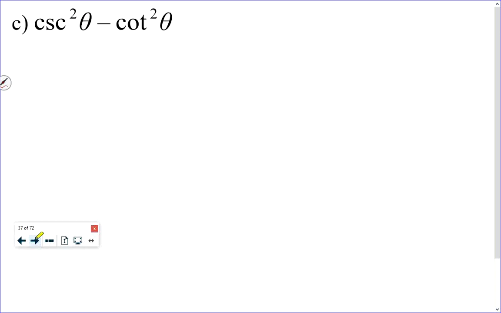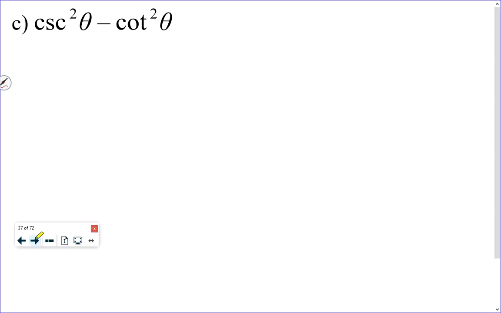Oy. Well, when I see squareds, I think Pythagorean identities. And I think what we're going to end up doing here is what Sienna was talking about.